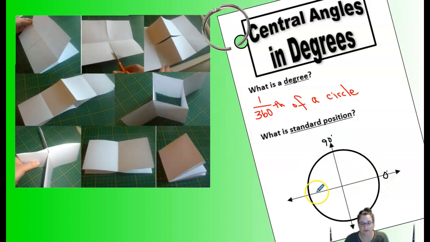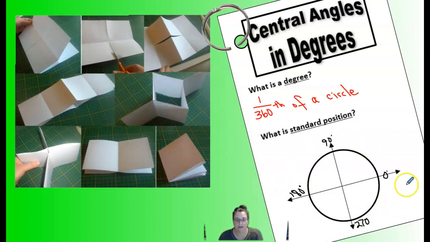Then half the circle would be a straight line through the diameter. That is 180 degrees. Then 3/4 of a circle is 270 degrees. And then 1 rotation around the entire circle brings us back to 360 degrees.